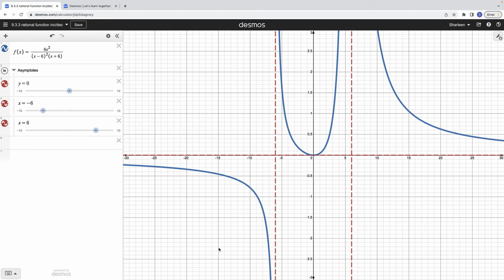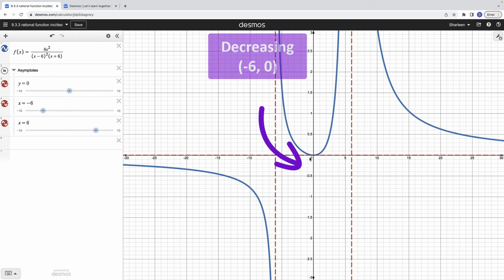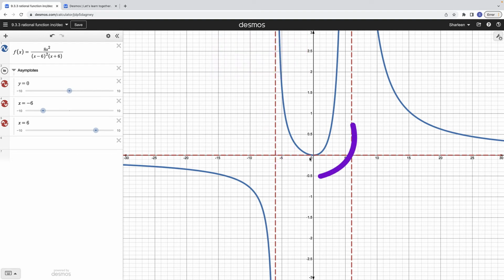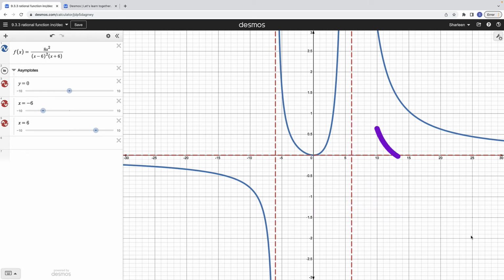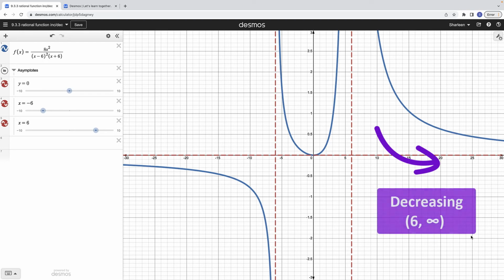And then after the vertical asymptote, we continue decreasing from -6 to 0. At 0, we turn the corner and we change to increasing. So we're increasing from 0 to the next vertical asymptote at 6. And then after the vertical asymptote at 6, we once again decrease until infinity.